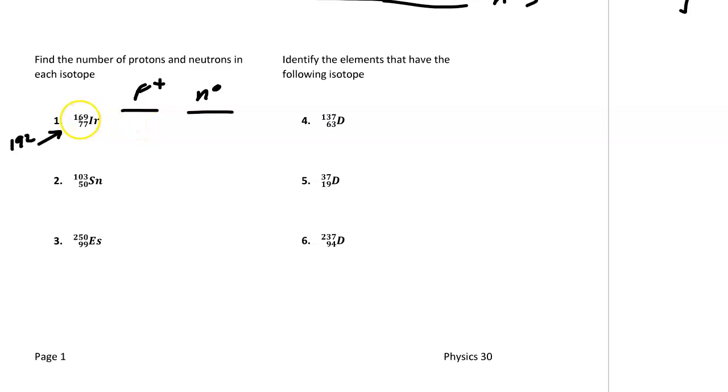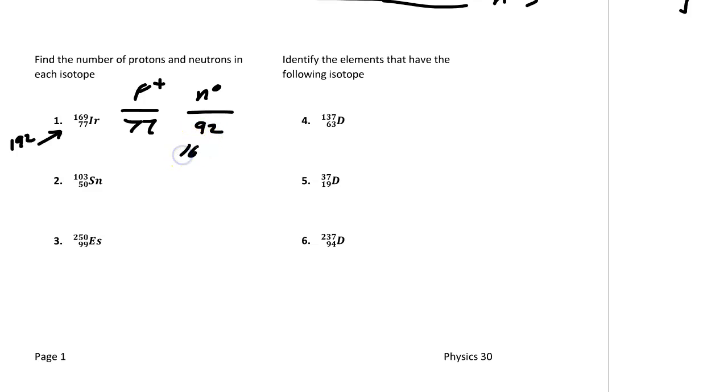And so 169 is one of them, where the number of protons will be the charge of the nucleus, so that's 77, that's relatively straightforward. And the number of neutrons, well, if we've got 169 atomic mass units, 77 of which are protons, that makes 92 of them neutrons.